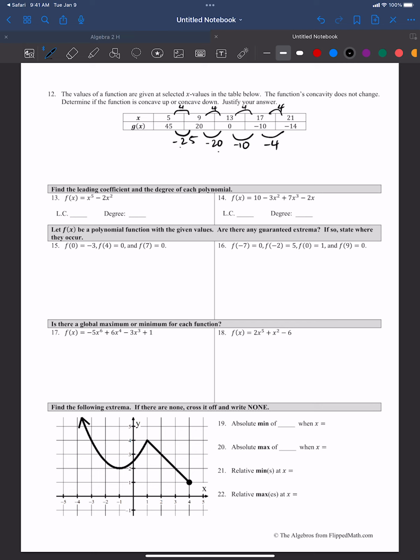So my graph is actually concave up because the rate of change over equal length is increasing, so that's why we had to check that the x values were equal. Because it's an equal length and my rate of change is increasing over that interval, it is concave up.